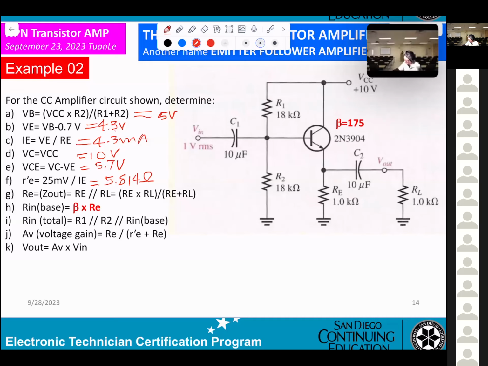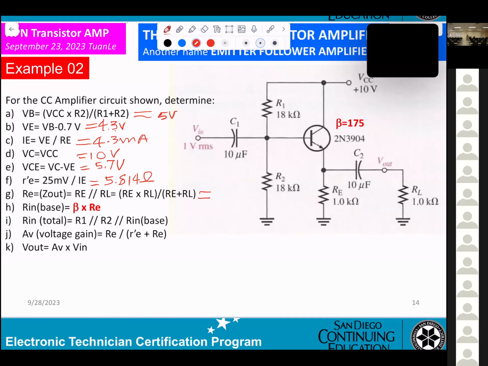Who got that? Small e. Is that 500? Okay, you get 500 ohm. You got 1K in parallel with 1K.